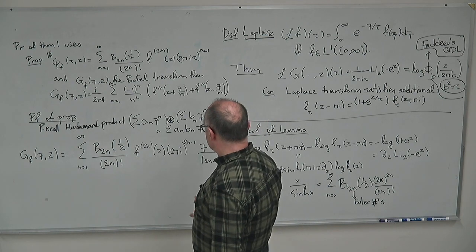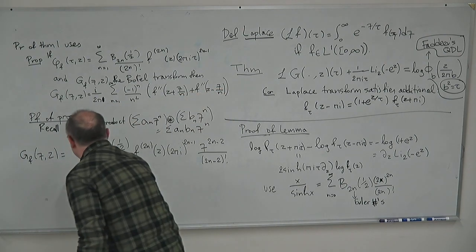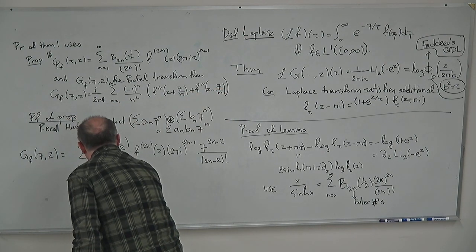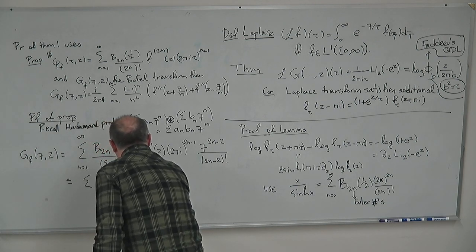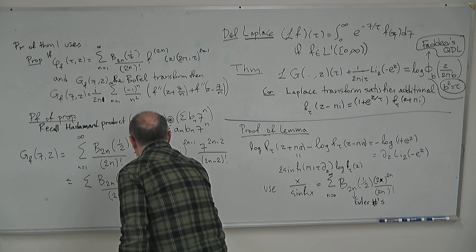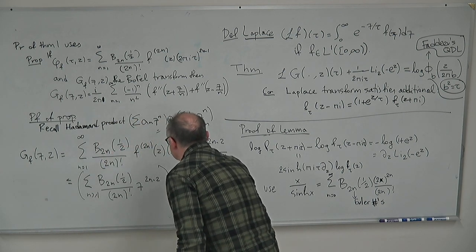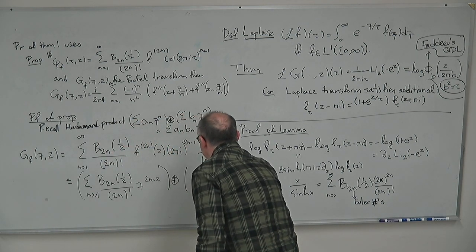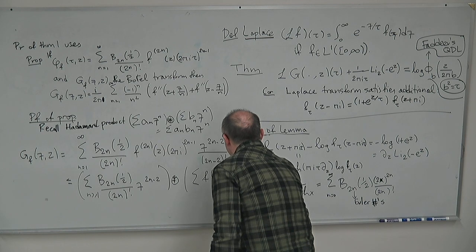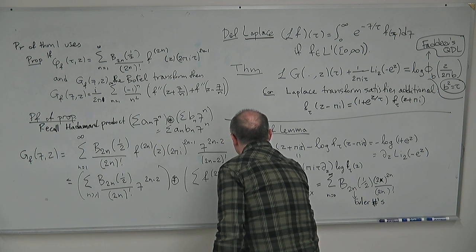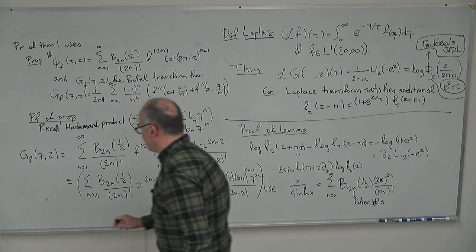Now what I like is to separate the Bernoulli from the rest. I just do two pi I to n minus 1, c to n minus 2, over n minus 2 factorial. Okay?